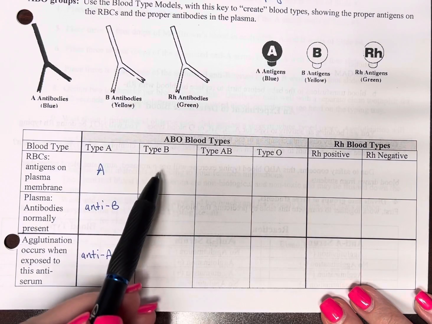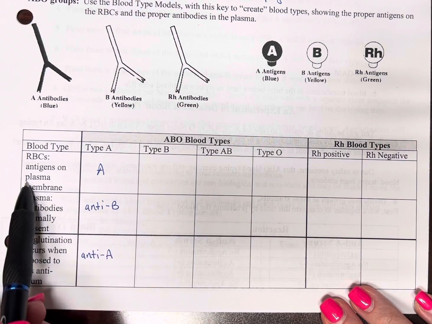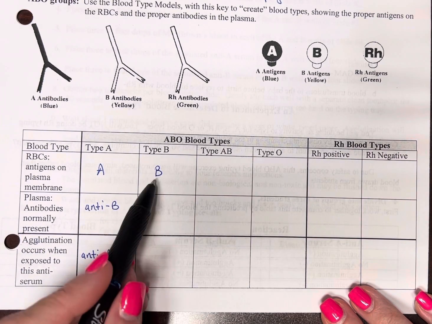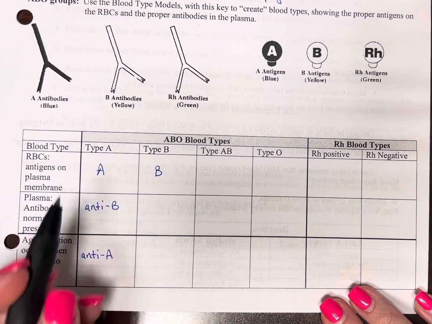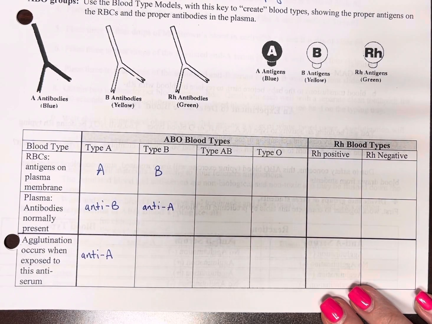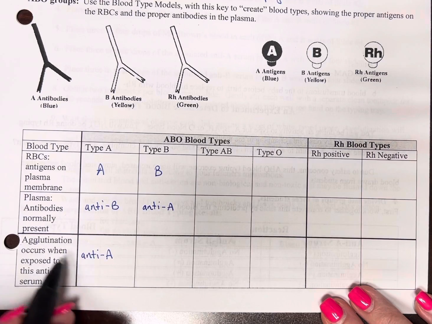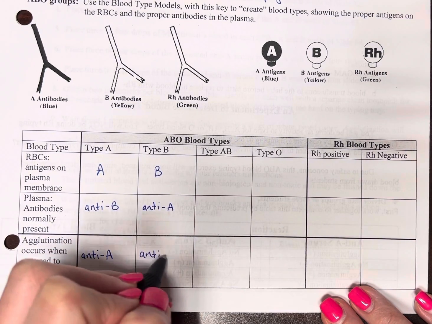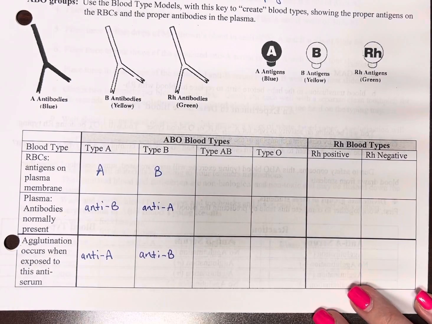All right, carry on. Type B has B antigens on the surface of the red blood cell. In their plasma, they're going to have anti-A. So when we do blood typing, this is going to show a visible reaction when we put anti-B, mix it with their blood.